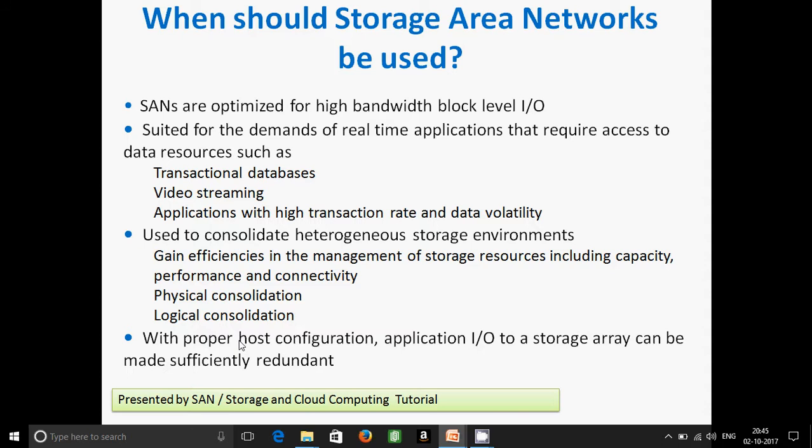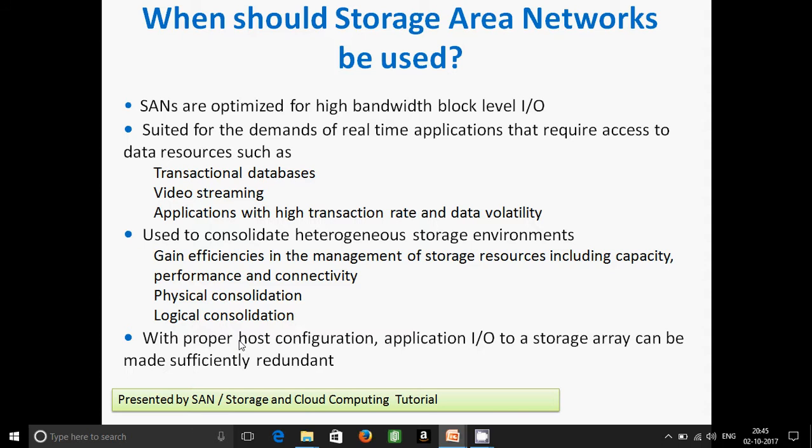Next, as we know, in DAS there was a limitation, and DAS was not able to give a high performing network. So now the question is, when should a storage area network be used? As we know, guys, SANs are optimized for high bandwidth block level IOPS. You may have the question of what block level is.